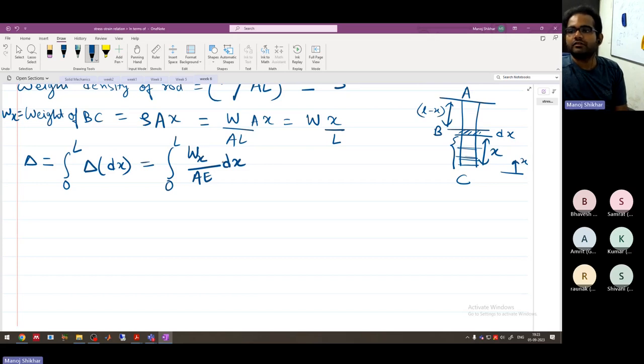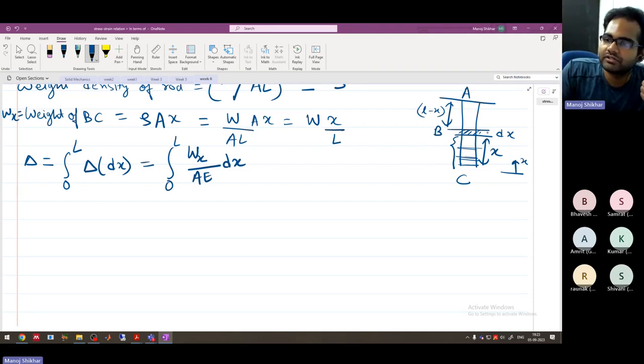Wx is the weight of this hanging part, and that hanging part is pulling this dx portion, right? So Wx by AE into small dx will be the total deflection of the small dx part.